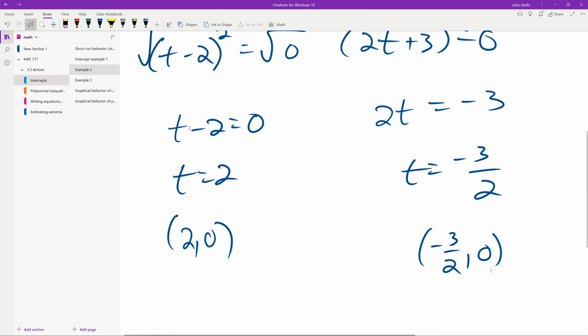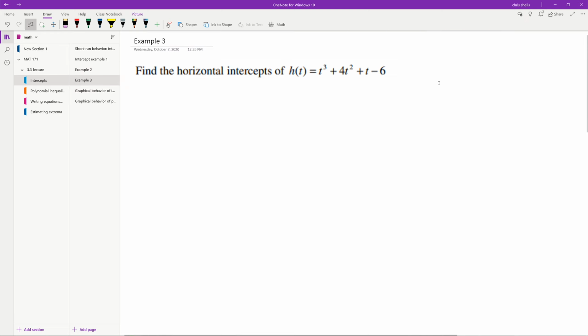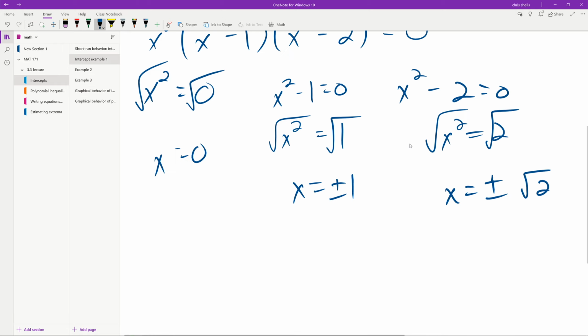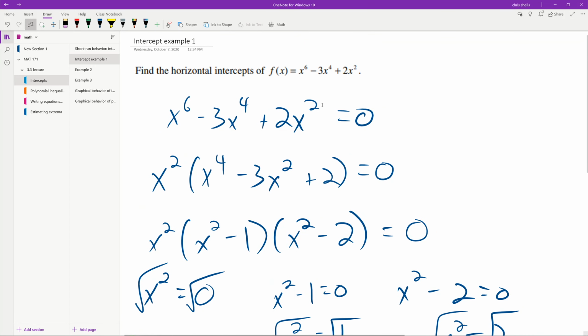Now, continuing on, find the horizontal intercepts of h of t equals t cubed plus 4t squared plus t minus 6. Now, in our first example, we were given something that was factorable. We factored this.